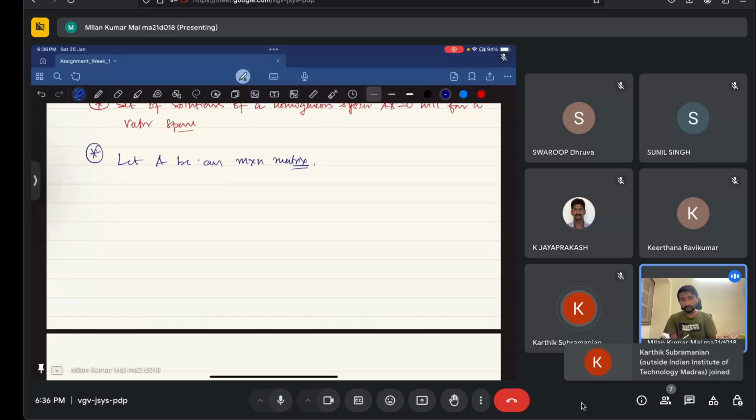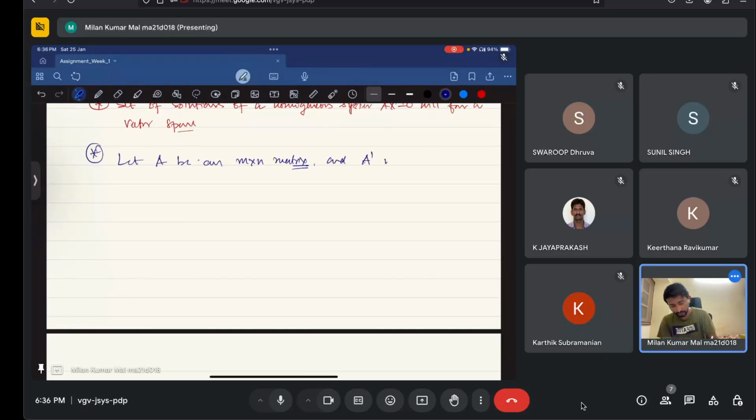So let A be an m cross n matrix, and A' is obtained from A by a finite number of elementary row operations.